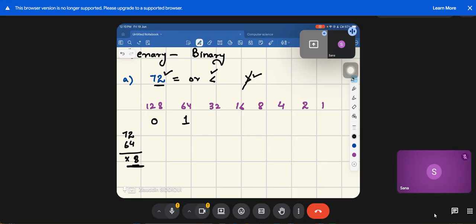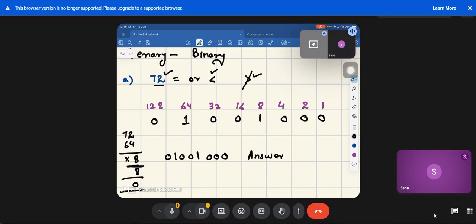Now we have to pick a value which is equal to 8 or less than 8. 32 is greater than 8, so we cannot pick it. 16 is greater, we cannot pick it. 8 is equal to 8, so we can pick this value. Now 8 minus 8 is 0, so the rest of the values will be 0. So my result is 0, 1, 0, 0, 1, 0, 0, 0. So this is my answer.